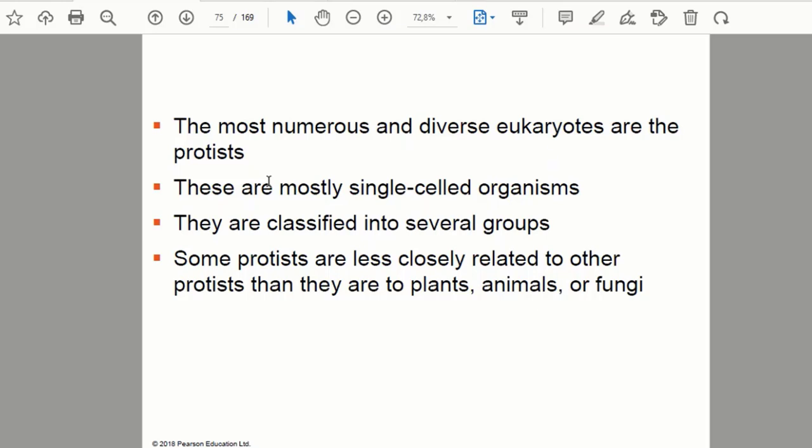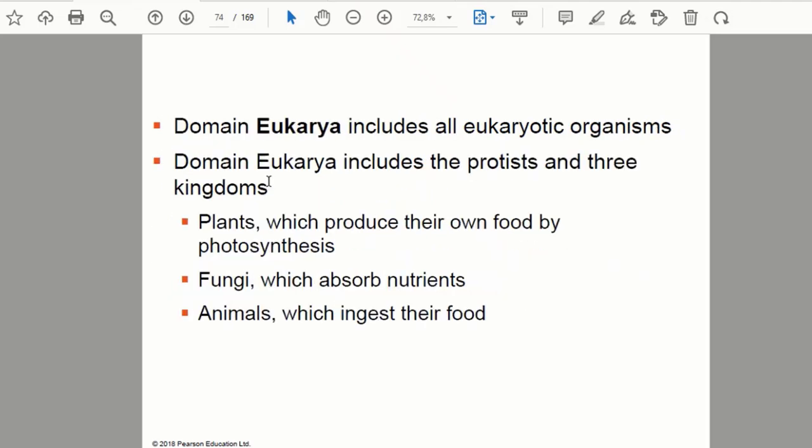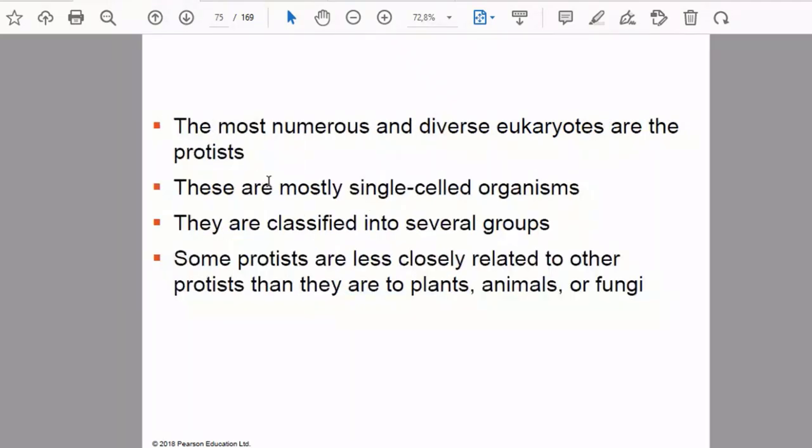So there's another definition of protists there. They are not only the most numerous and diverse, but they are also mostly single cells. So the examiner might ask three questions to describe one thing in different forms.